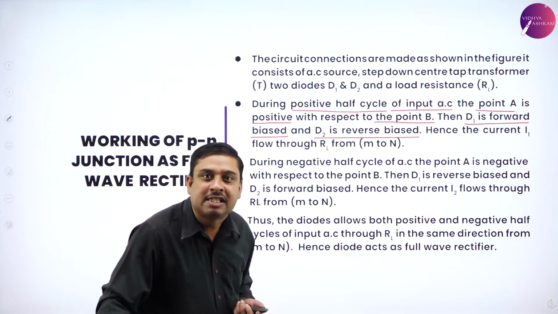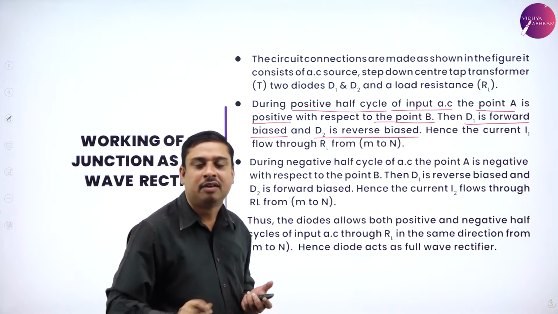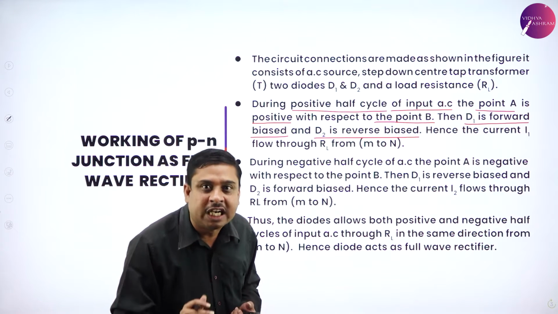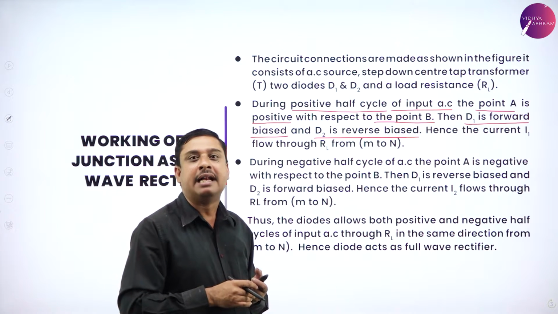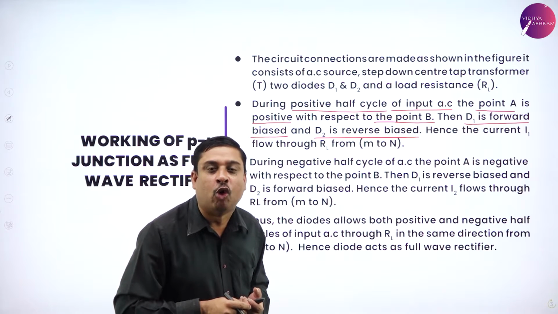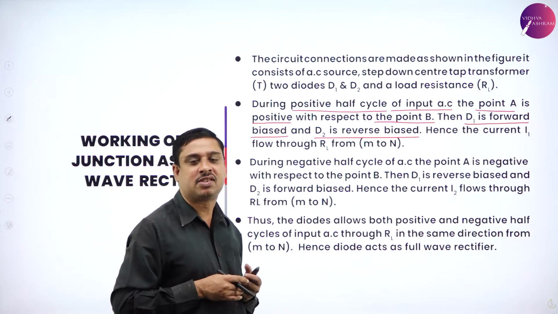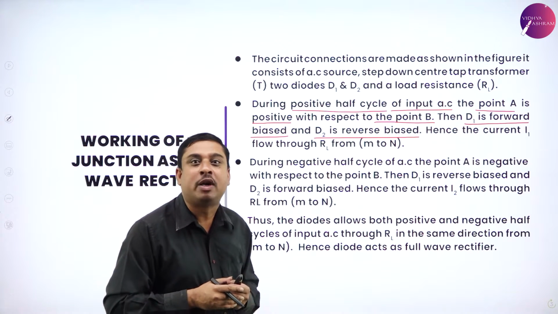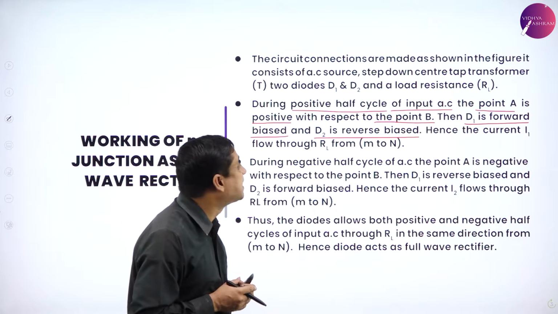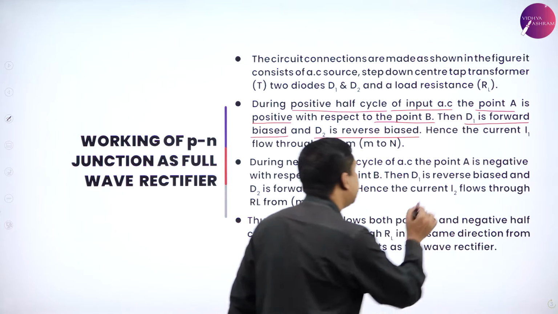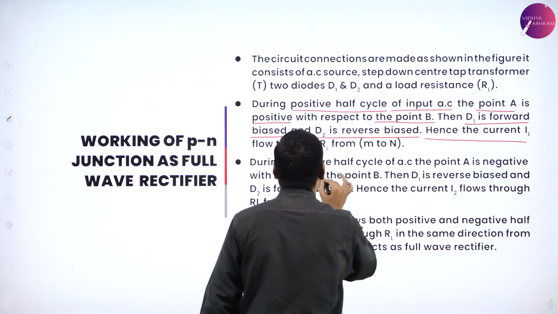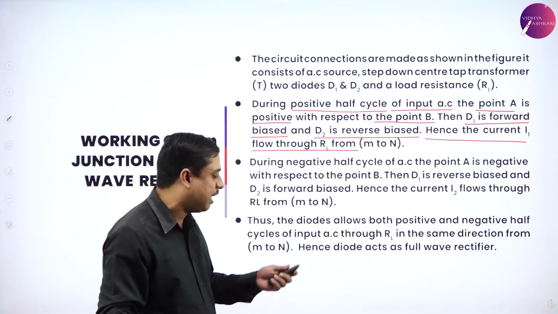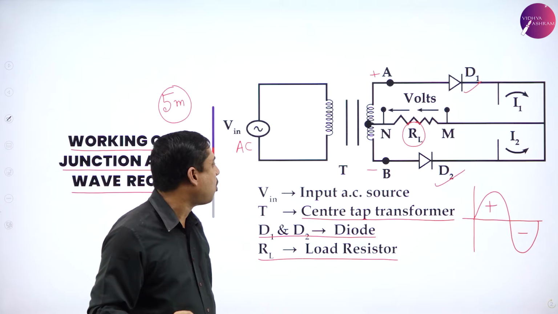During the positive half cycle, the diode D1 is forward biased and the diode D2 is reverse biased. Because of which the diode D1 starts conducting, hence the current I1 flows through the load resistor. So very beautiful to understand here.